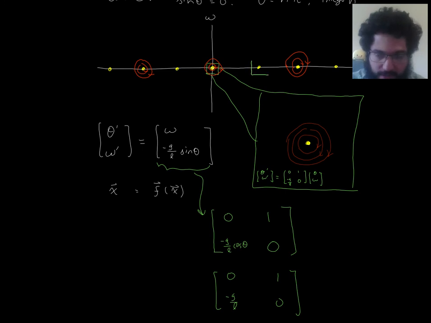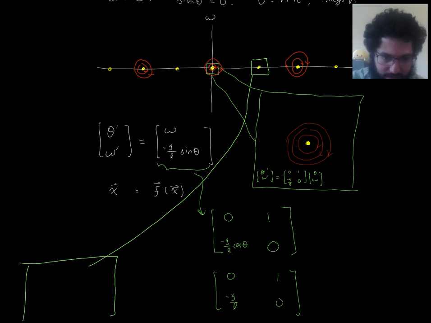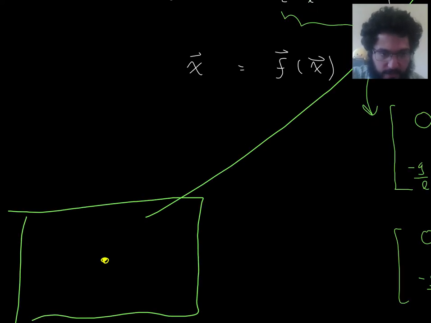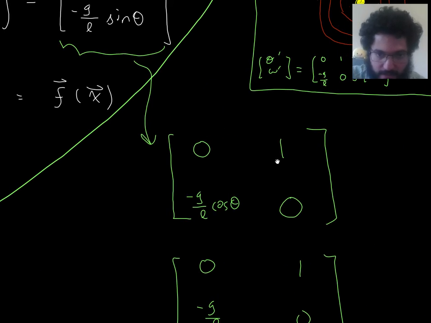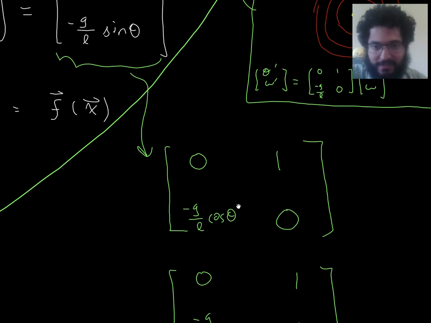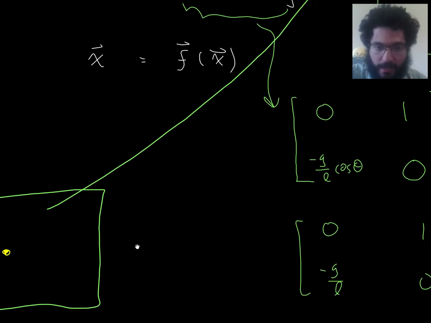So if I zoom in here, let me put that down there. Now it's going to look like this Jacobian matrix, but evaluated at theta equals pi.